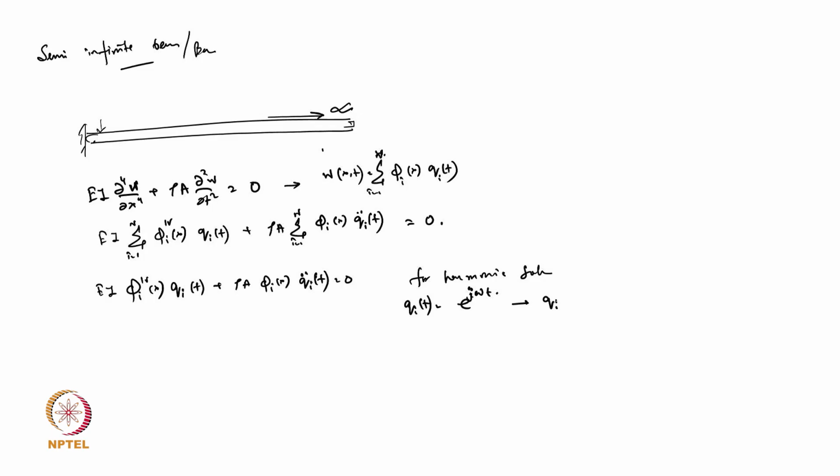So that means q i double dot t should be equal to minus omega square e to the power of j omega t. So therefore, if I substitute it, EI fourth order of x plus rho A minus omega i square into phi i x, that is equal to 0. So if this is the equation of motion, then we can able to write it.